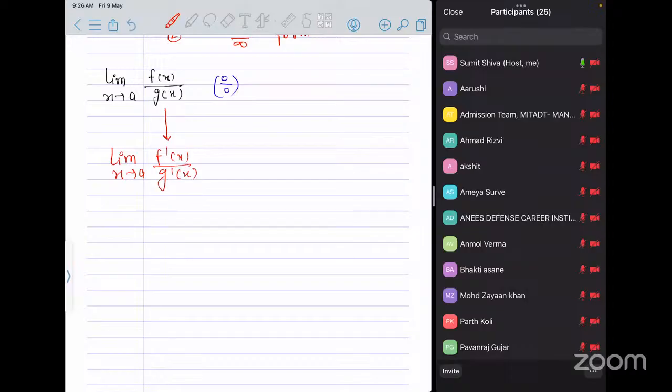Now in this case, there will be two formats. Either this will be a finite value on substituting a, f dash a by g dash a. If it is a finite value, we do not have any problem.